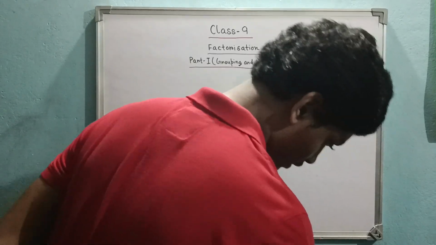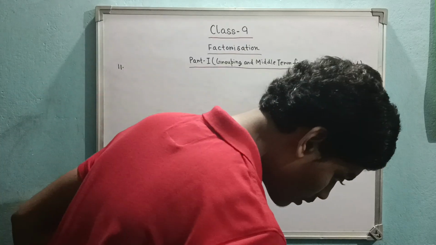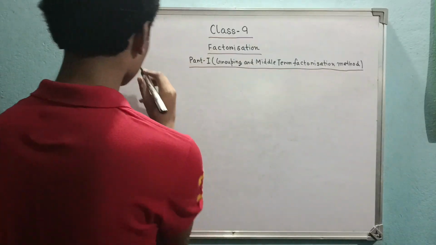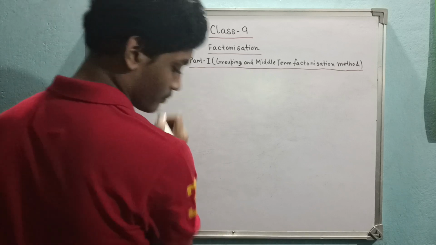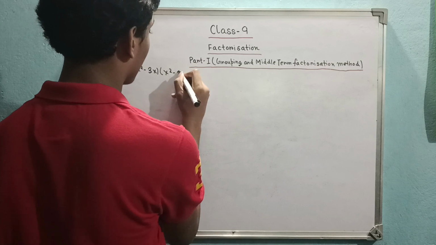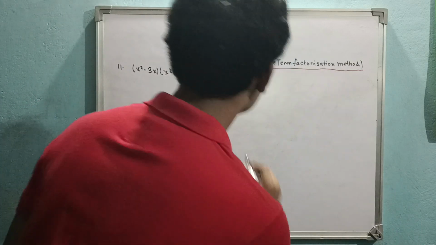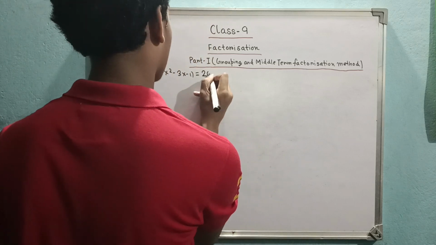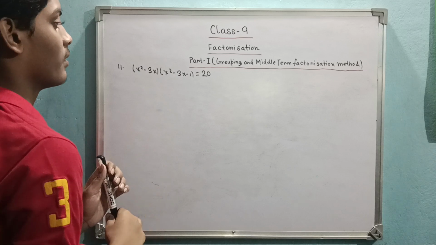So now let's see one more. Question 11. It is given x square minus 3x, into x square minus 3x minus 1, is equal to 20. Again, see guys, x square minus 3x is there, x square minus 3x is there.